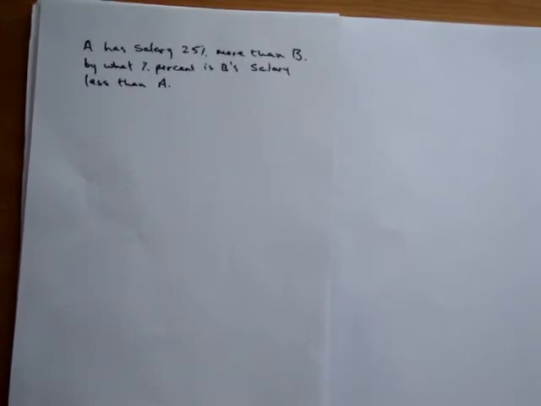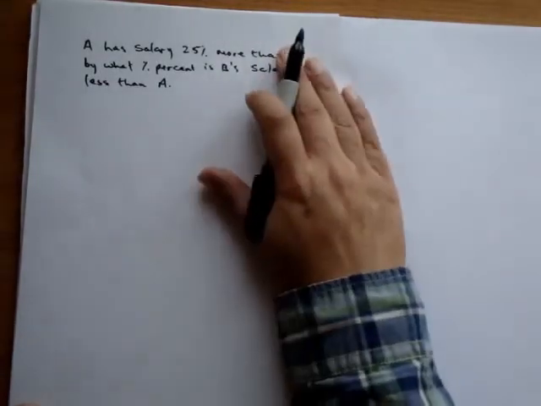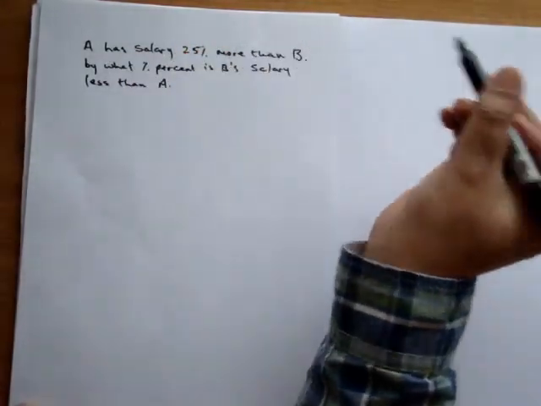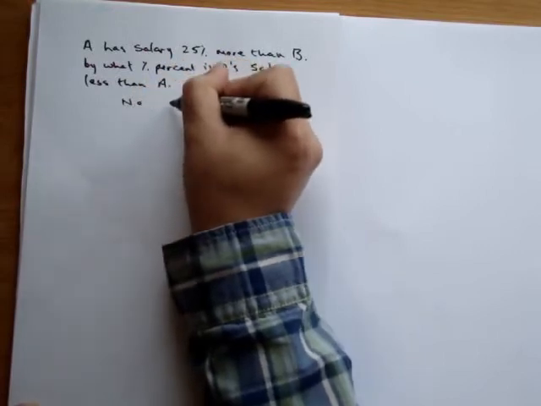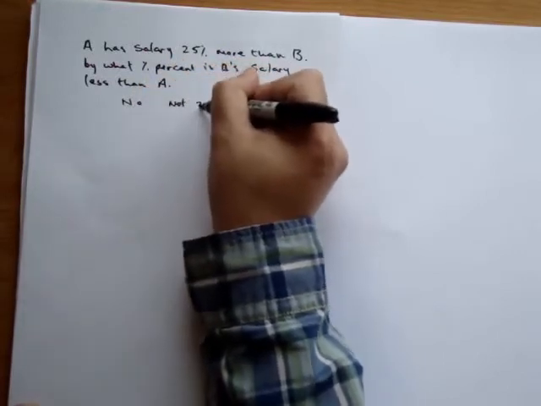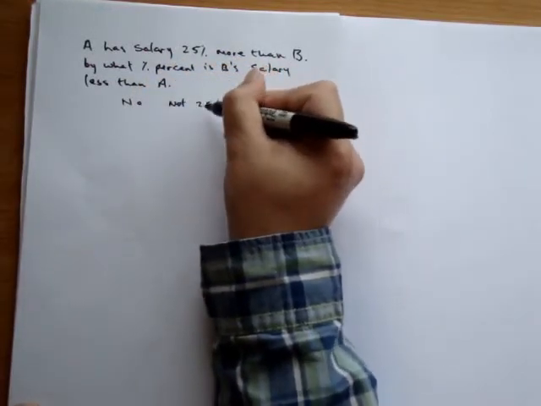A's salary is 25% more than B. By what percentage is B's salary less than A? Now this confuses a lot of people. Most people would say 25%, and the answer is no, not 25%.